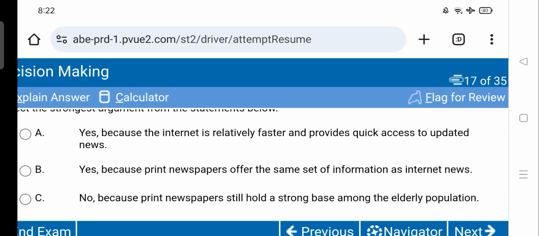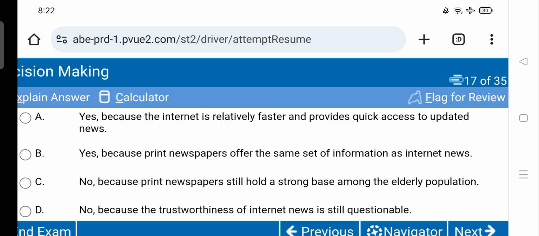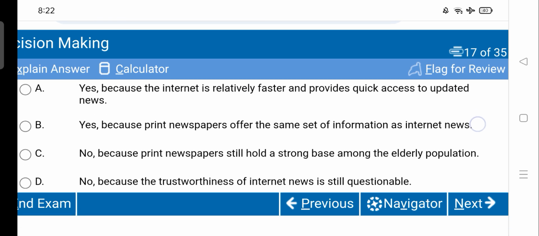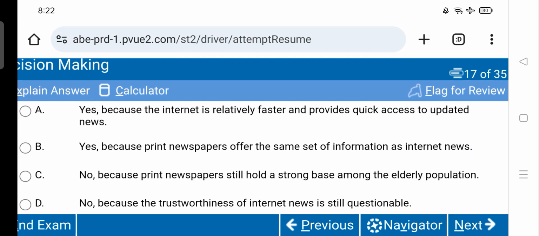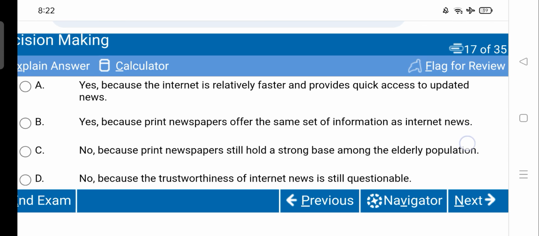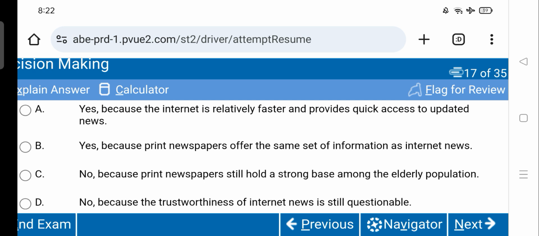Option B, yes, because print newspapers offer the same set of information as internet news. Option C, no, because print newspapers still hold a strong base among the elderly population. Option D, no, because the trustworthiness of internet news is still questionable.